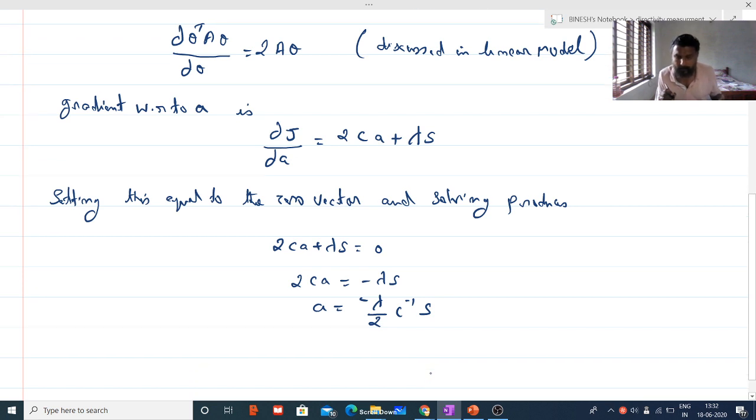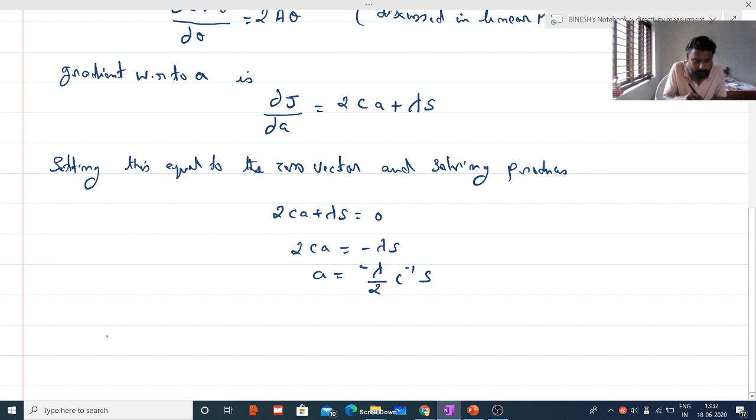So the Lagrange multiplier lambda is found using the constraint equation.